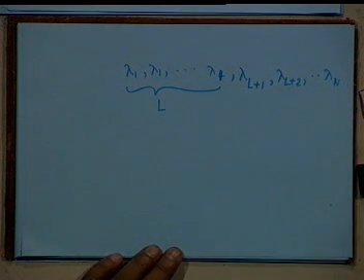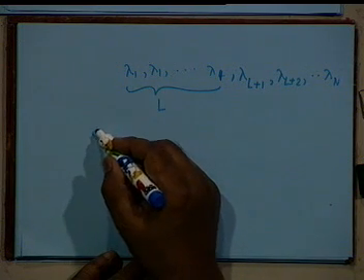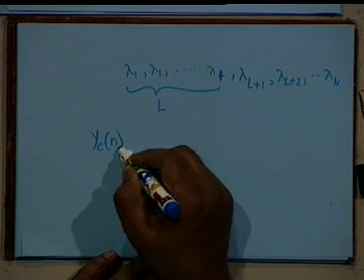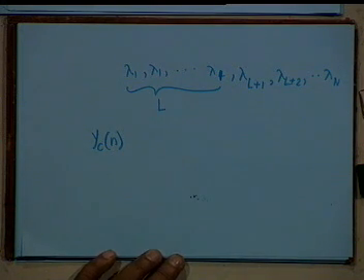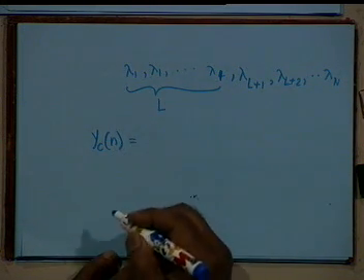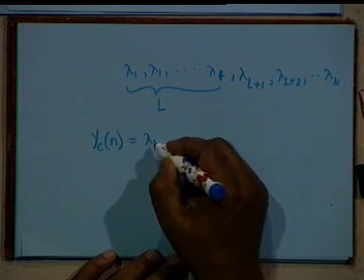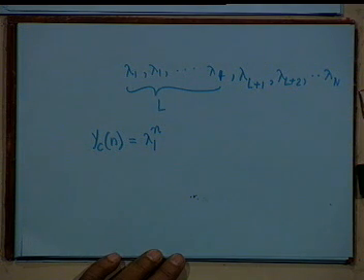These are distinct, okay? If that is the case, then your complementary solution yc of n would be equal to lambda 1 to the power n.